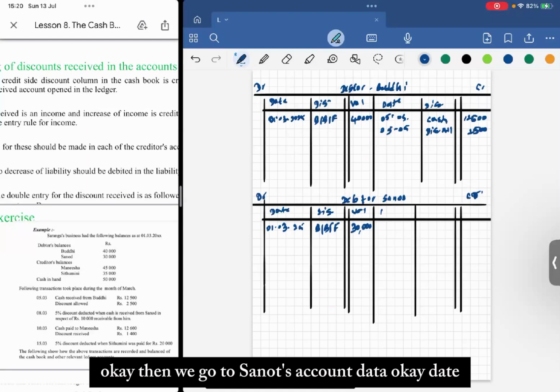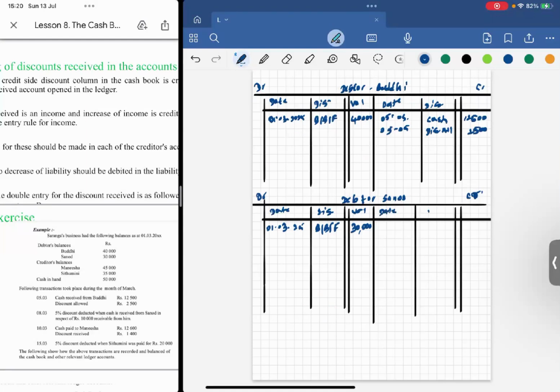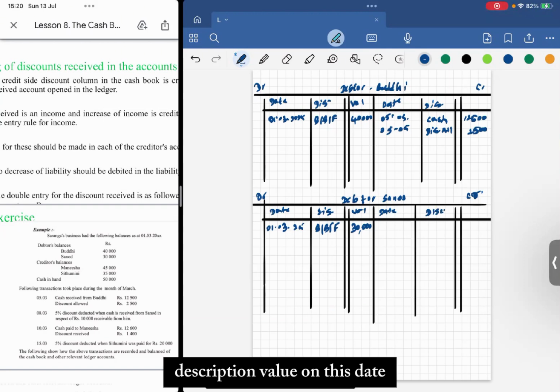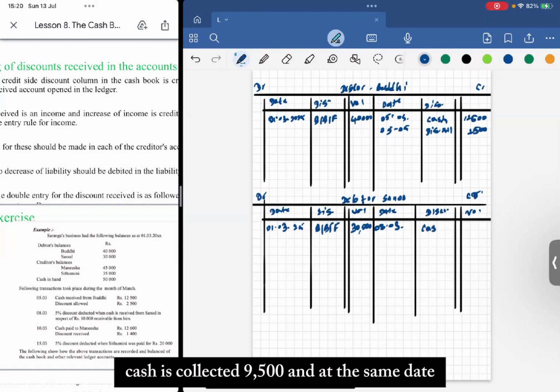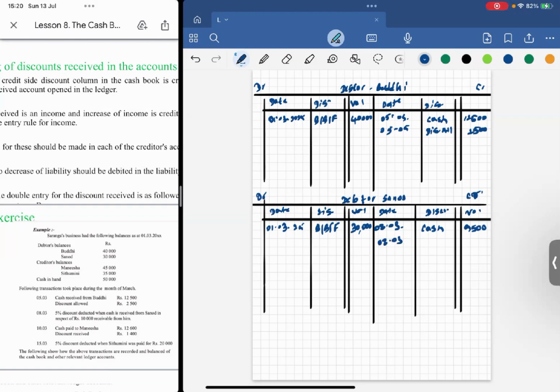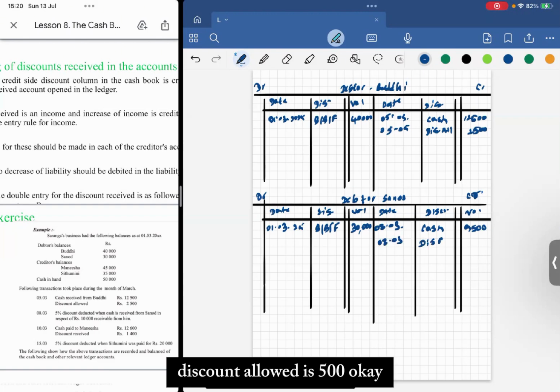Date, description, value. On this date, cash is collected, 9,500, and on the same date, discount allowed is 500.